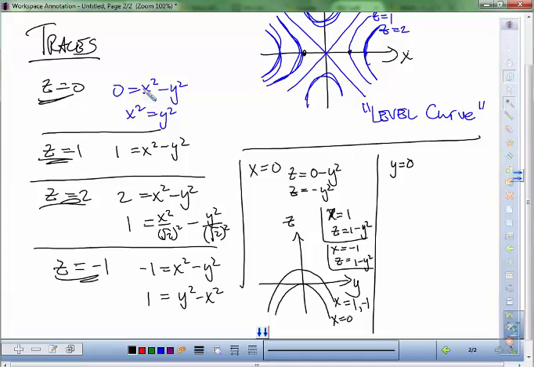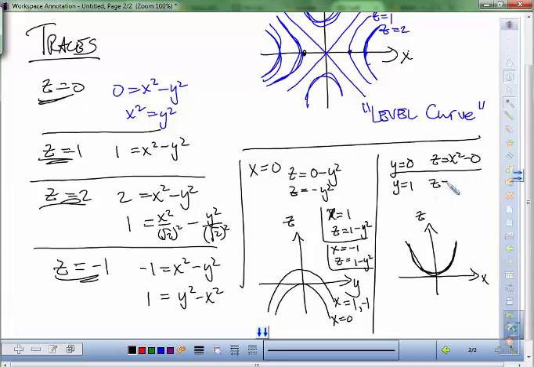All right, let's try traces for the y. Y is equal to 0. So we have z is equal to x squared minus 0, so z is equal to x squared. And what is that? Parabola. So on my xz plane, a parabola going up. When y is equal to 1, I have z is equal to x squared minus 1 squared.